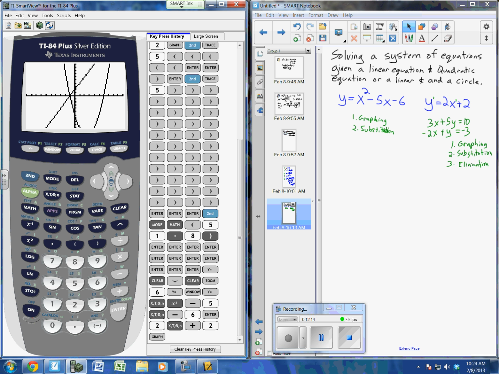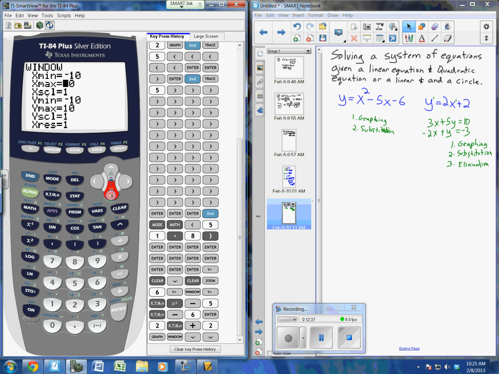Well, the other one is going to intersect up here, somewhere. What we're going to need to do is change our window. We're going to have to go up higher. How do you go up higher on your window, you guys? Window. Which one of these things, the x min, x max, y min, or y max, do you think we need to change? Y max, because the y-axis goes up and down, right? So everybody go down to your y max. Let's change it to 20.